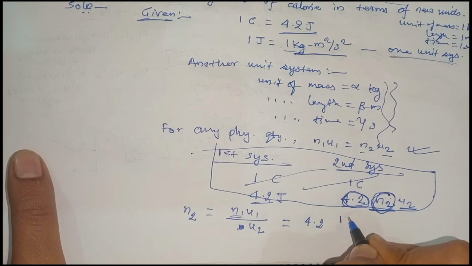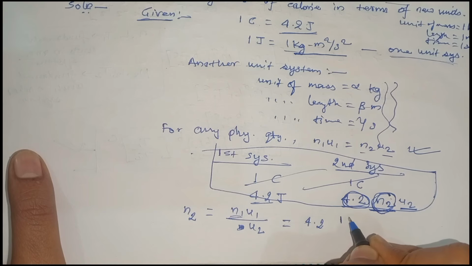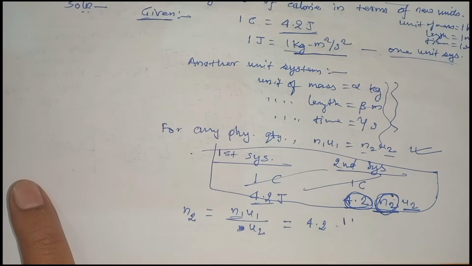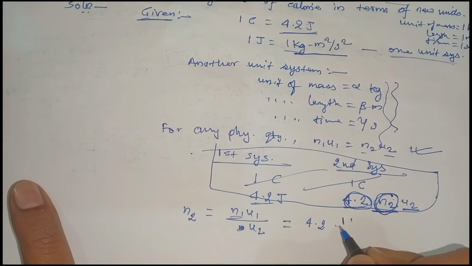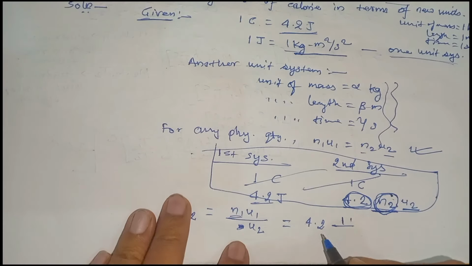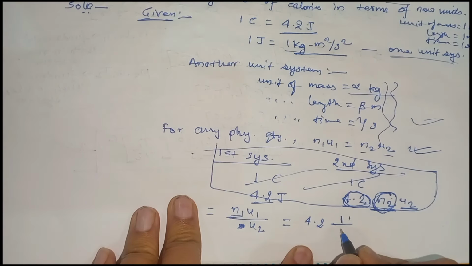In unit 1 it is 1 kg, and in system 2 the unit is alpha kg, so it is alpha.